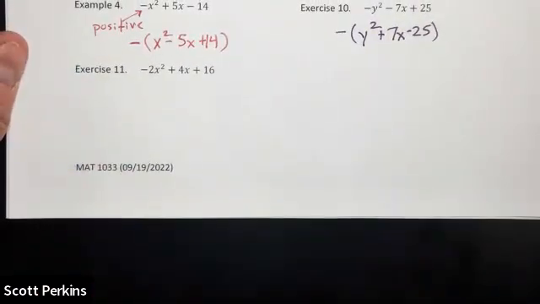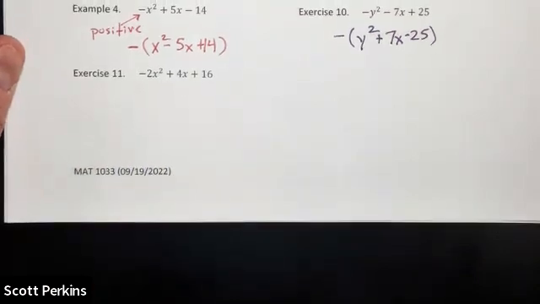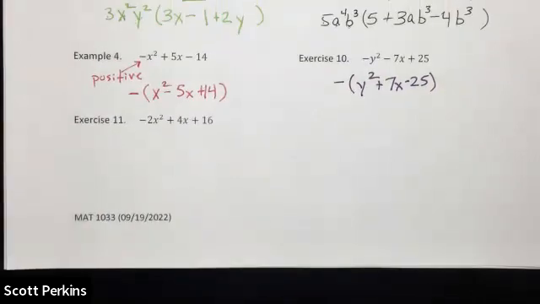All right, last problem on the front page. Exercise 11 just combines both the things. The first term's negative, and in addition, there is a factor in common to all 3 terms. So do both of those things, please.